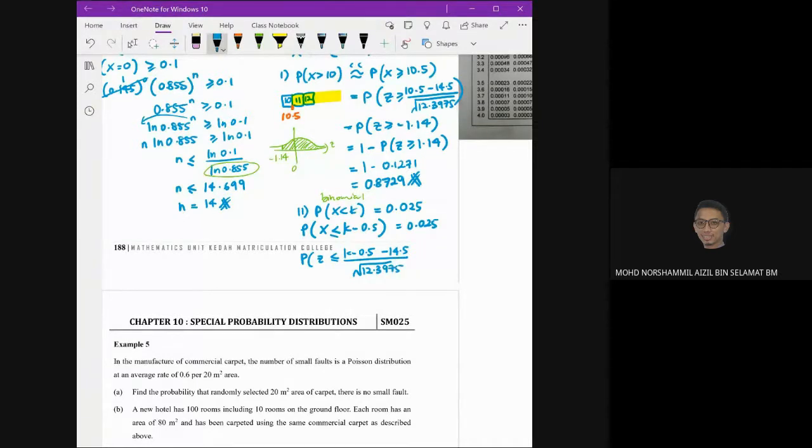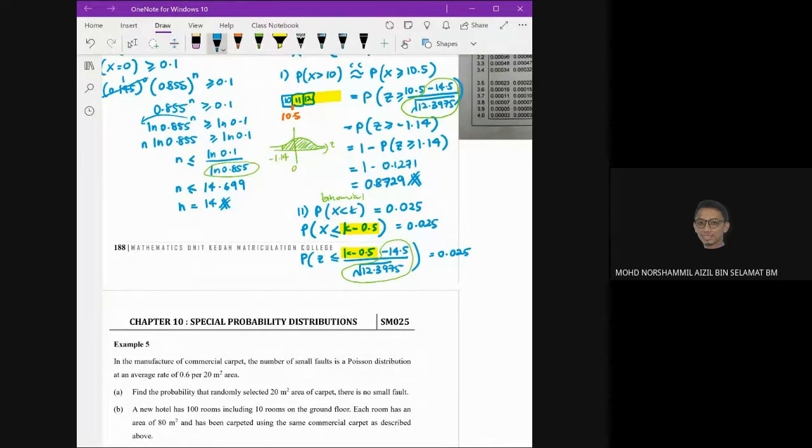Sorry guys, saya mungkin ambil masa sikit. 0.025. Is it okay? Okay. Ambil saja value ni, this value becomes this value, and then others ni formula yang sama macam tadi. Yang atas ni sama ya.